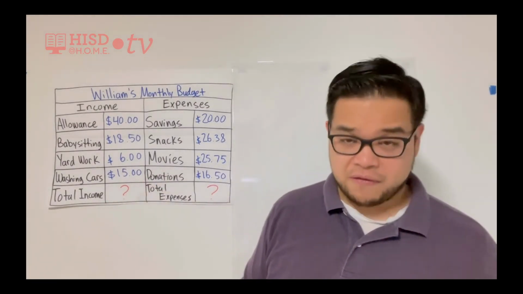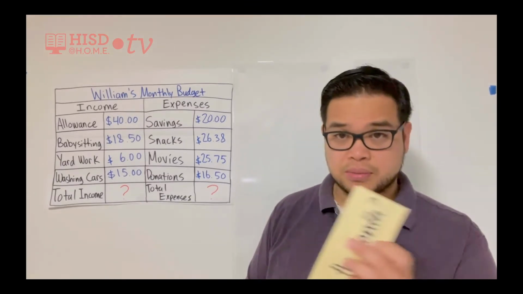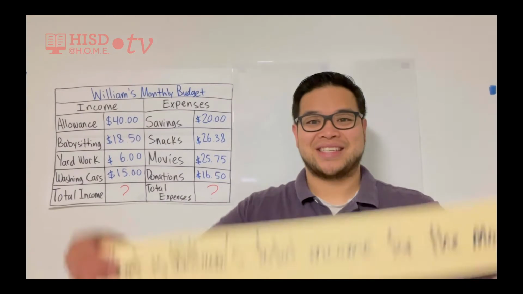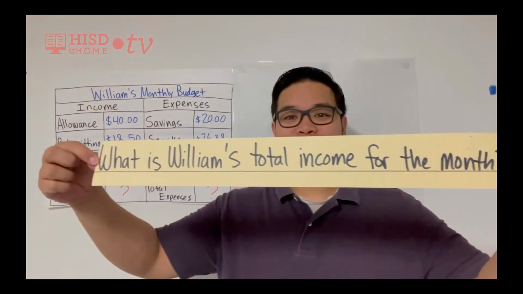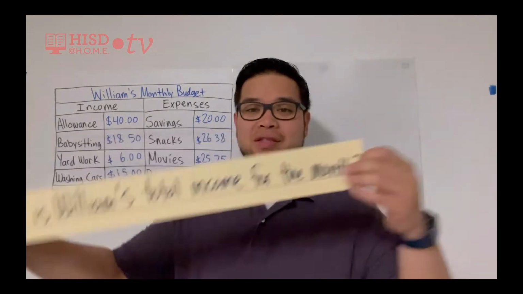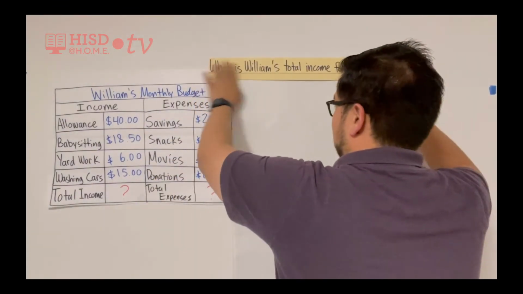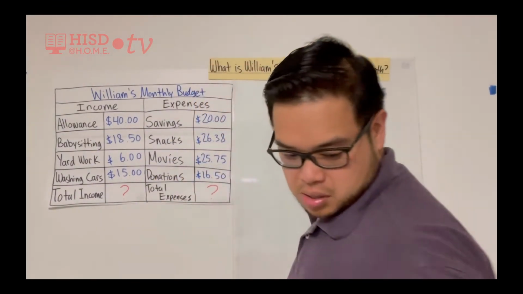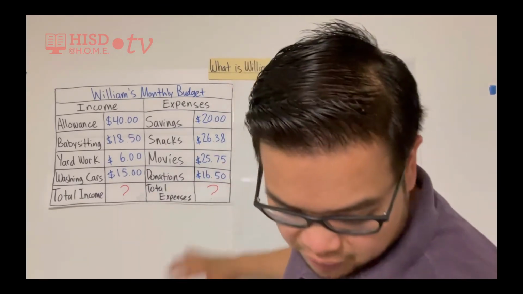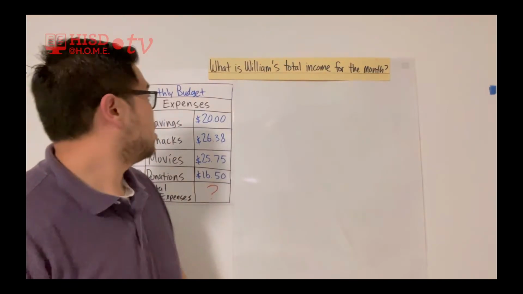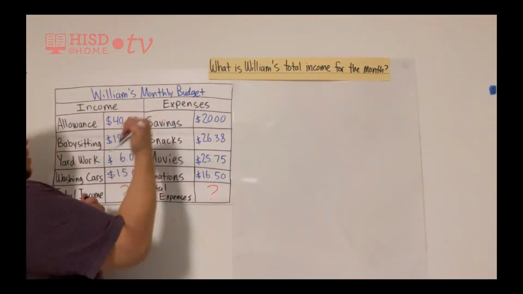In order to find that, our first question is, what is William's total income for the month? So in order to find William's total income, we said that we are going to have to add all the money that he's earning.